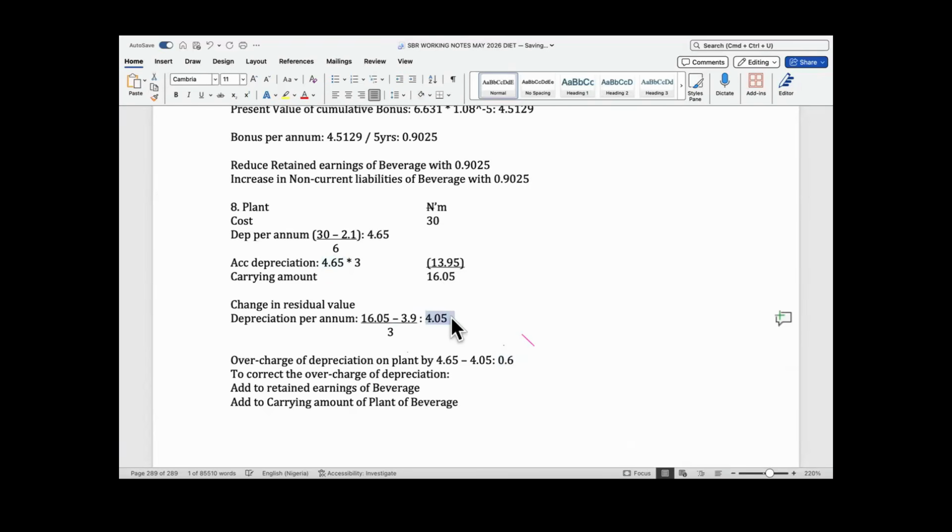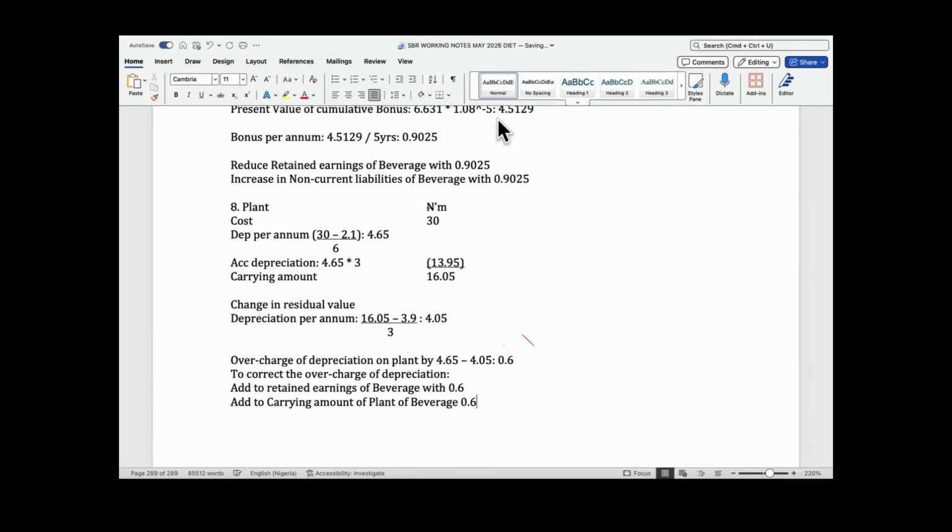They told us in the question that they did not consider the change in residual value, so we have done that. Then you need to correct the overcharge by adding back 0.6 to retained earnings and also adding 0.6 to plants.